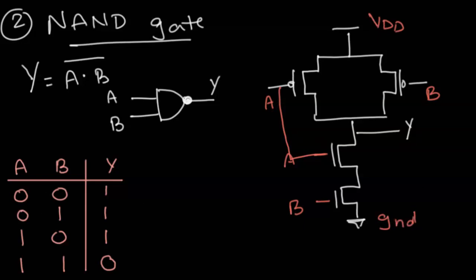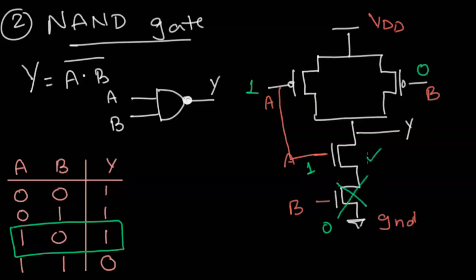Let's test if the output that we get is according to the truth table. Let me understand this condition: A is equal to 1 and B is equal to 0. When we see from the NMOS side, as this is 0 and 1, there is no direct path between the output and the ground, as one NMOS is off in this condition, and the other is on, but it is not directly connected.